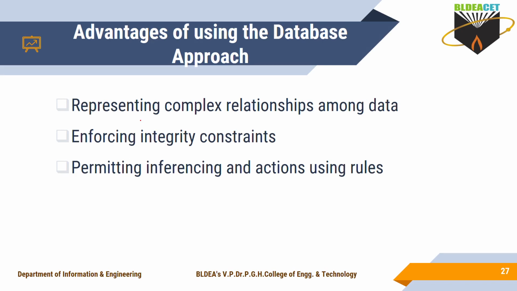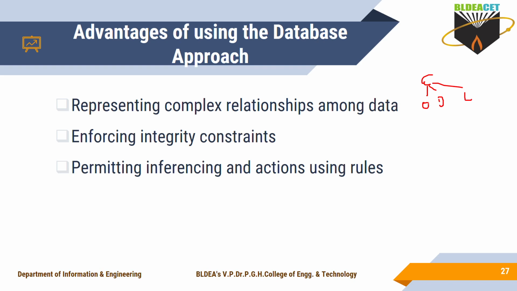Next one, representing complex relationships among data. I'll take a simple example of our college. If I take the student record, wherever you require the student record, in the office you want a student record, in the department you want a student record, and in the library you also want a student record.